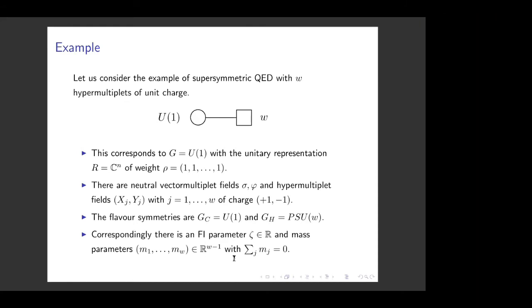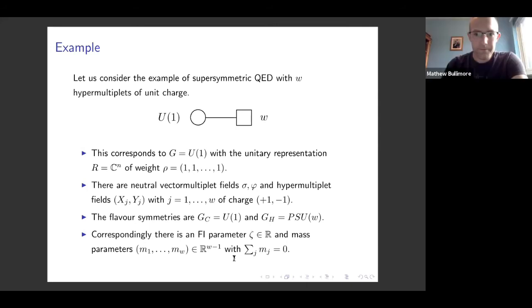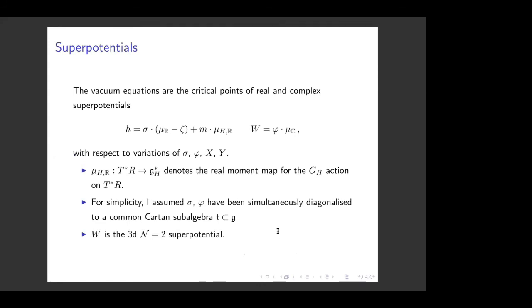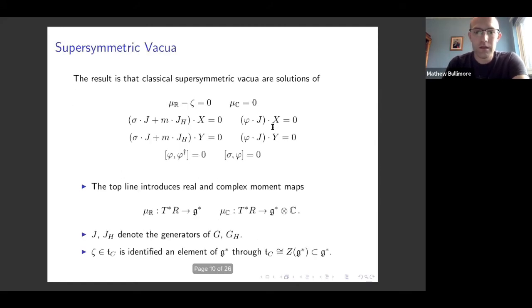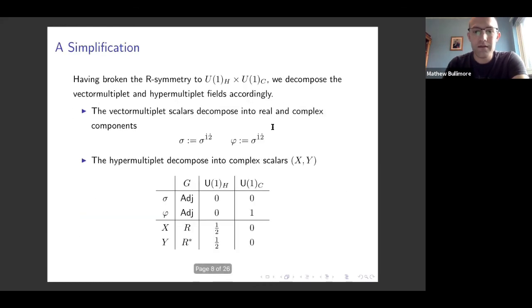There was a question in the chat on the previous slide. Antoine asks, how does W, the superpotential, transform under the R symmetry? Yeah, thanks a lot. The superpotential W is going to transform under U(1) Coulomb with weight 1, because the complex scalar phi has U(1) Coulomb charge 1.